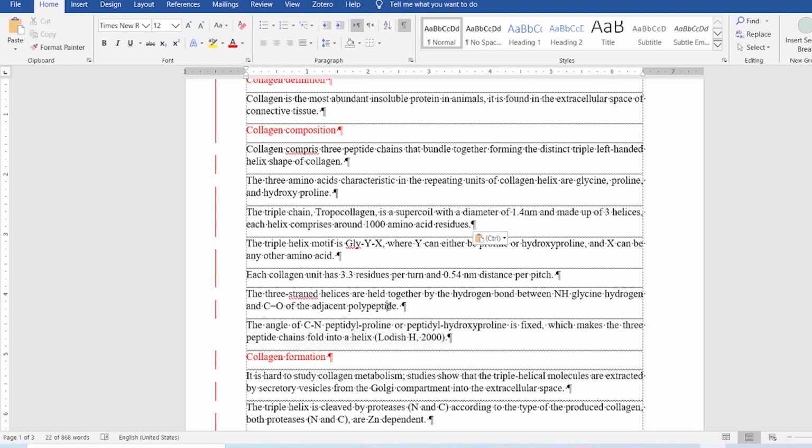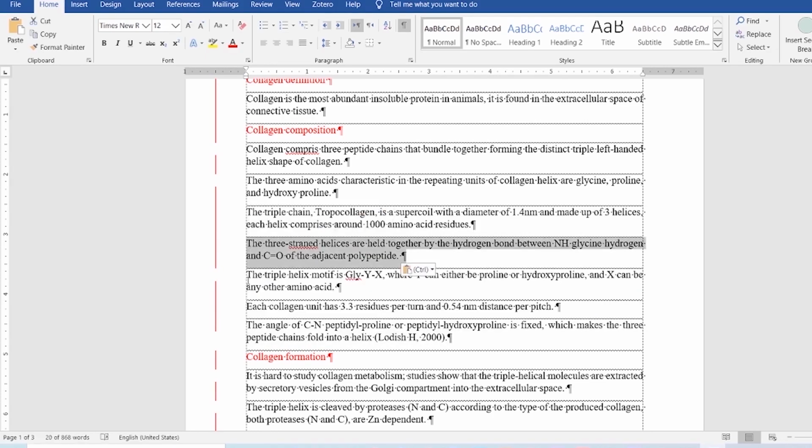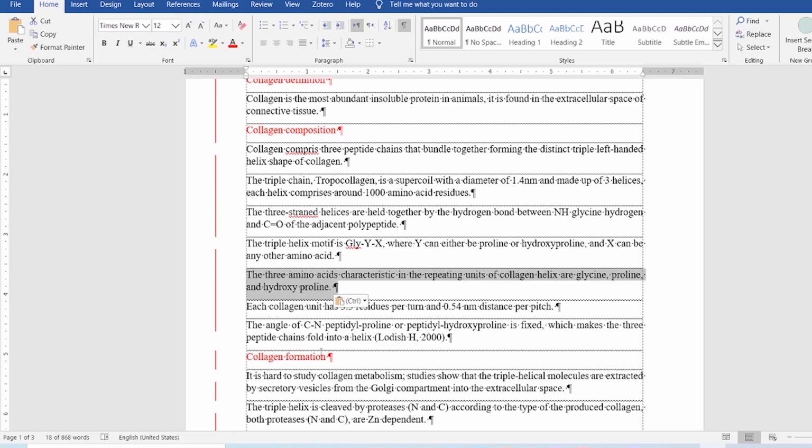And the three strands are held together by the hydrogen bond, so it comes after this sentence. Then the triple helix motif. Here, the three amino acids should come in that sentence. Then the angle.